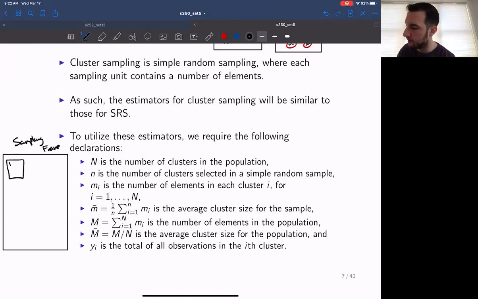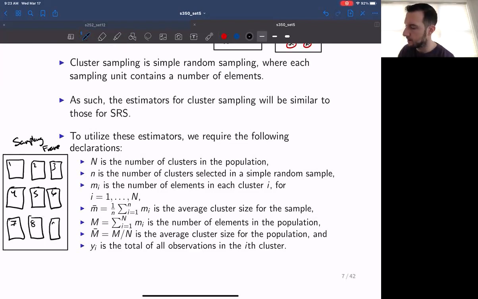So this could be 1, 2, 3, 4, 5, 6, 7, 8, 9, right? So here we have, say, capital N is equal to 9 different possible clusters within the population.